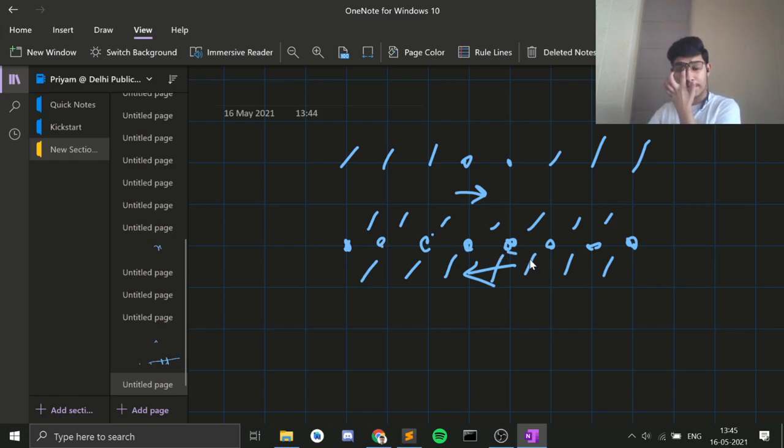Yeah, if m is odd and there are two people who have an odd distance between them, then they cannot collide basically. And okay, what if m was even?